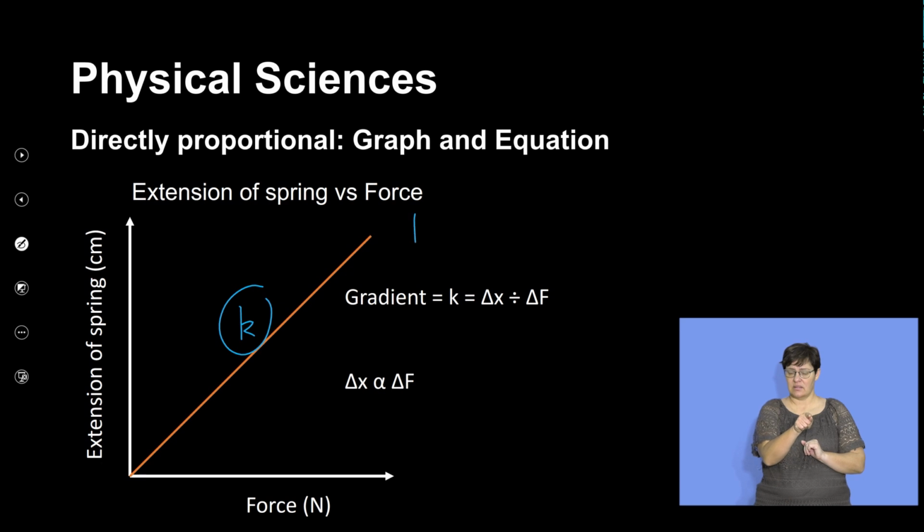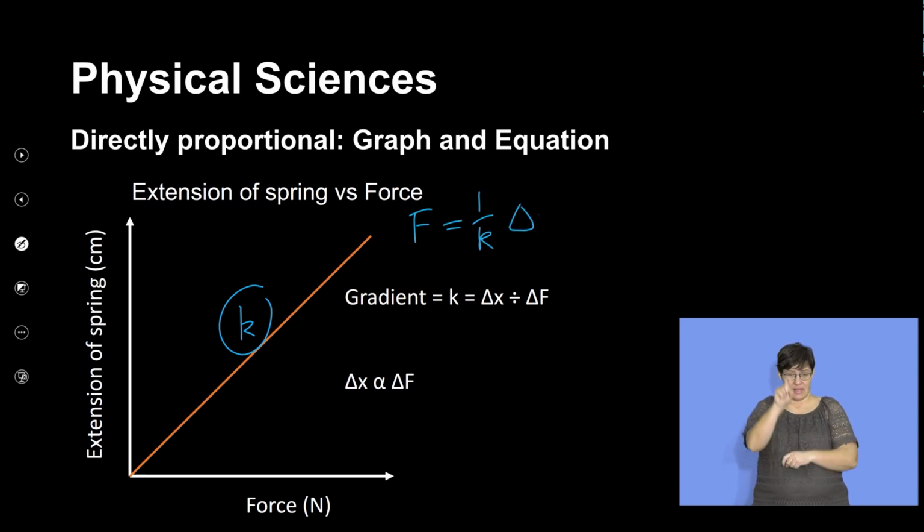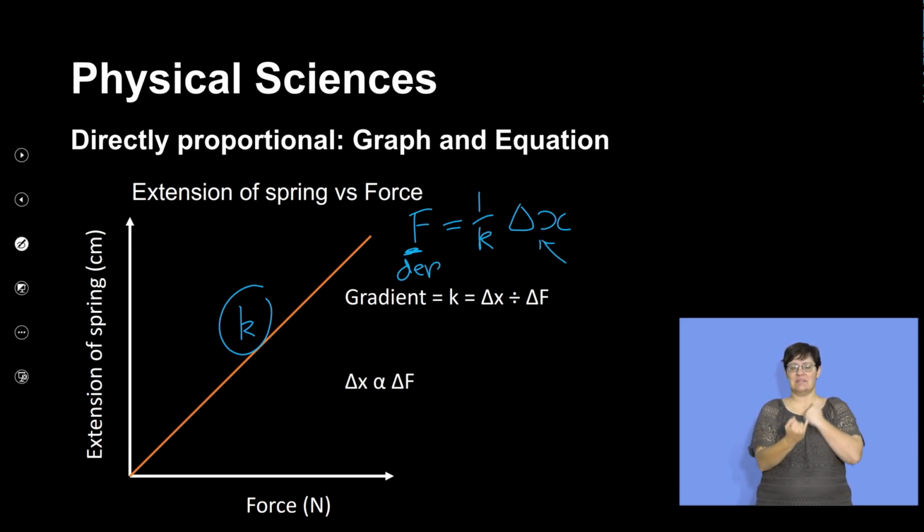If I'm working with F is equal to 1 over k delta x, then I've got to recognize I've changed something. And I hope you can see what I've changed. I've switched over and I've made this now the dependent variable, and this is now the independent variable in the equation because I switched sides.